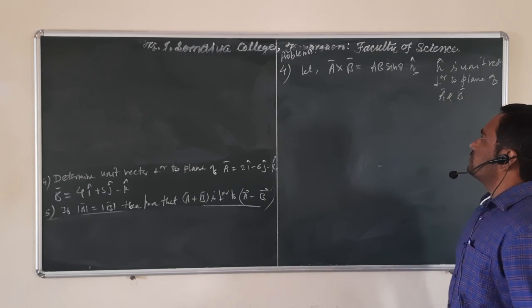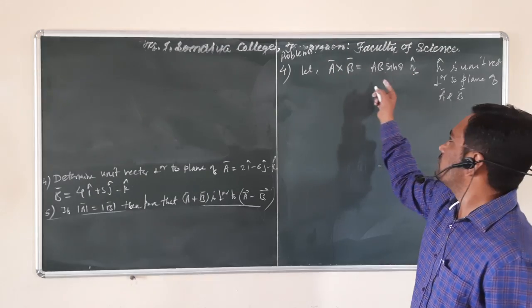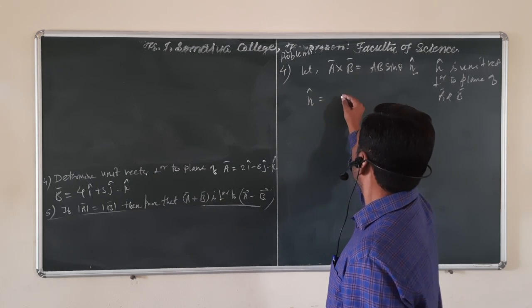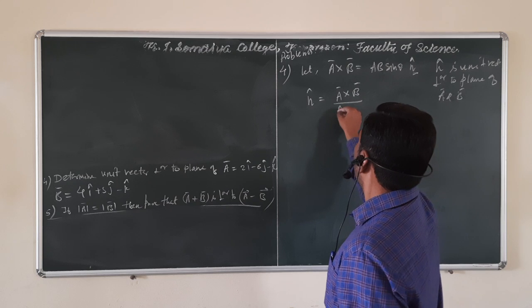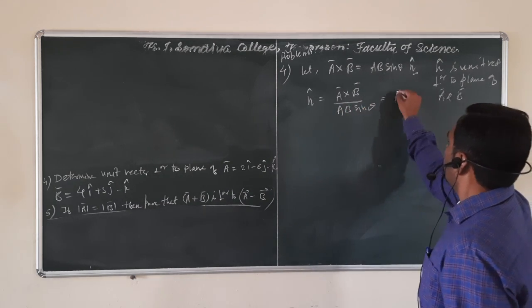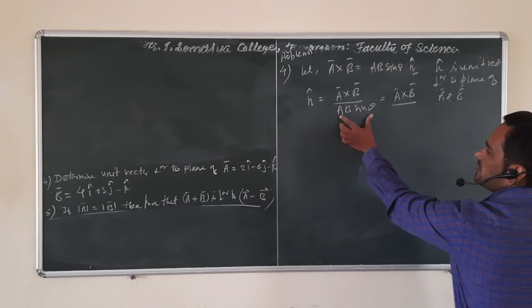Okay, so this unit vector is perpendicular to the plane of vectors A and B. So n cap is equal to A cross B divided by AB sin theta.